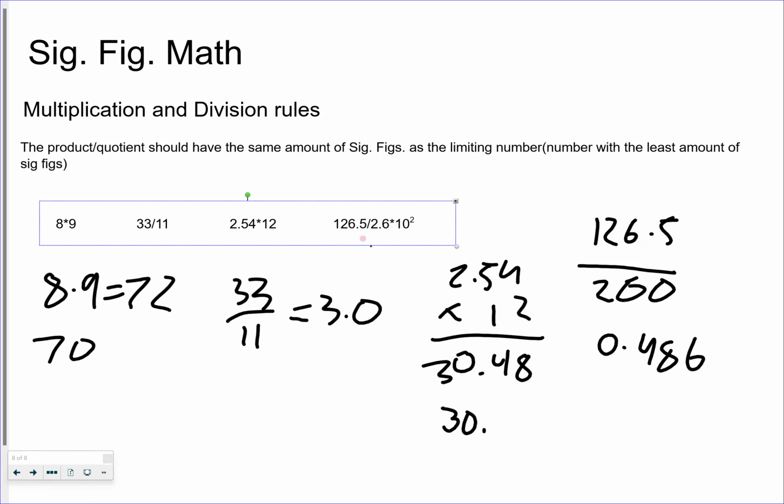So if you see this 2.6, you know your answer has to have 2 sig figs in it. When you write down your answer and show your work, I would write down this number so you can see the numbers that you would need to round, the 8 and the 6. That way you don't forget, and you round your answer to 4.9.